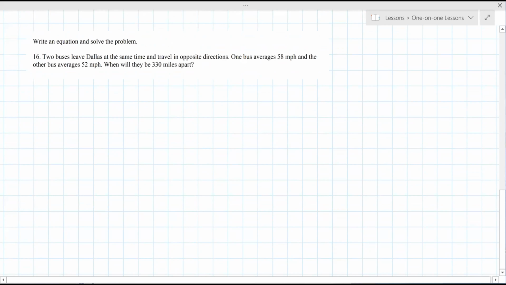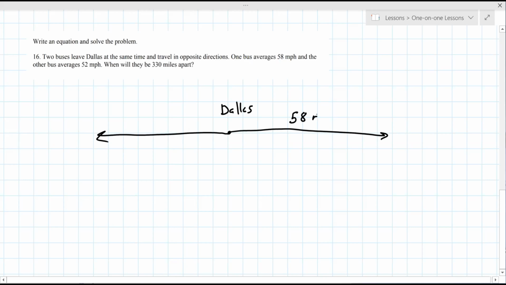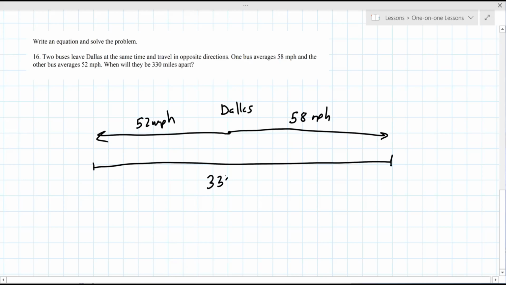Two buses leave Dallas at the same time, but go in opposite directions. So here's Dallas, and one's going that way, and one's going that way. One bus averages 58 miles per hour that way, 52 miles per hour that way, and they want to know when they're 330 miles apart.